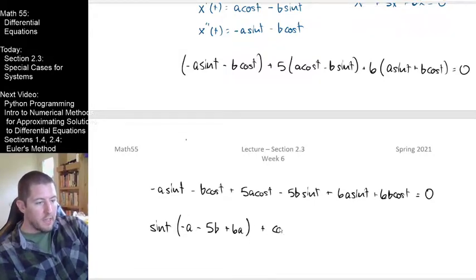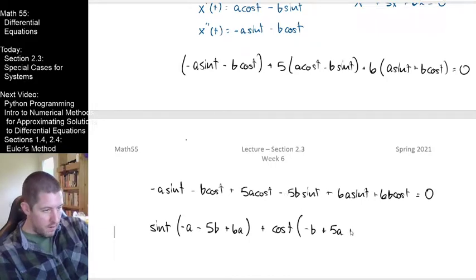What about my cosine stuff? How much cosine do I have in total? I've got negative b of it here, I've got 5a of it here, and I've got 6b of it here.